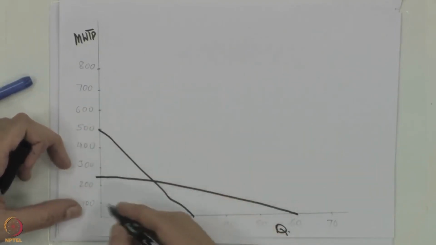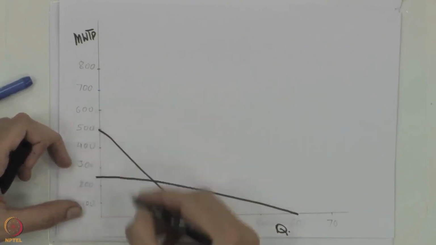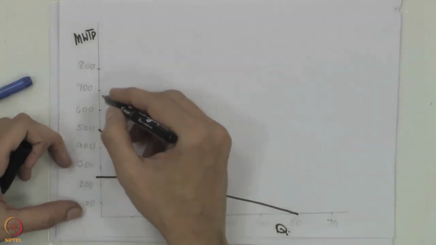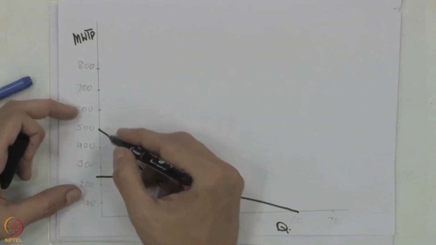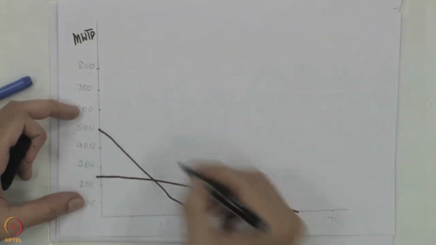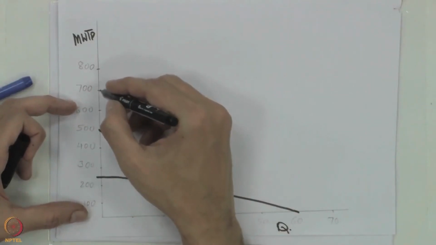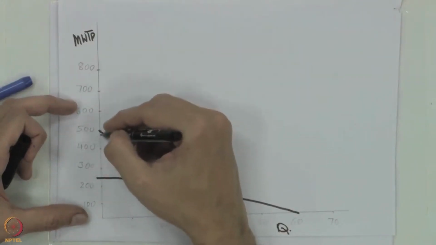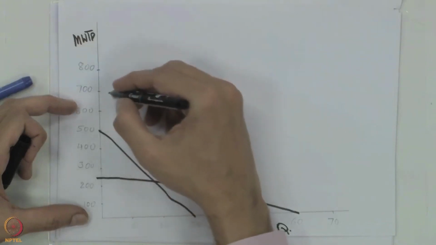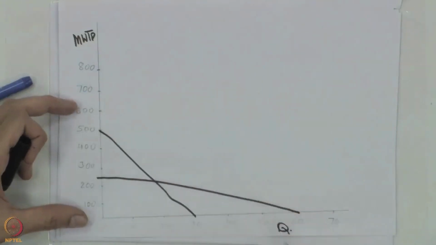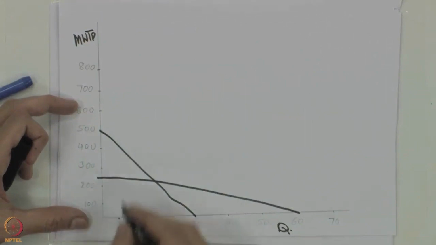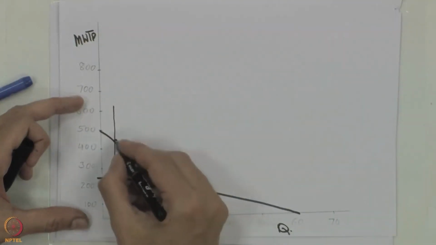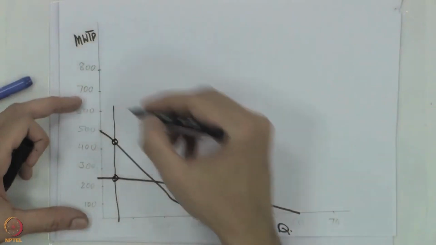So, in this case, when Q is 0, at any Q value we would just add up the amounts of price which are being paid. Here it would be 500, and so we start at any Q, take and add up these amounts and go ahead.